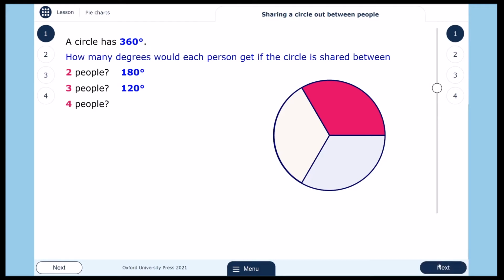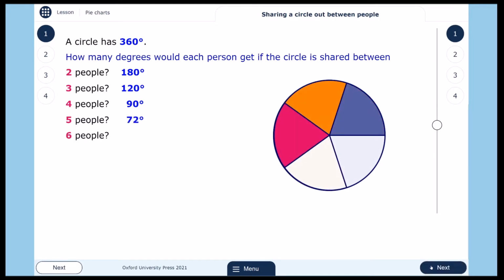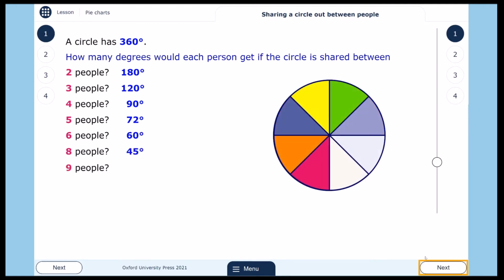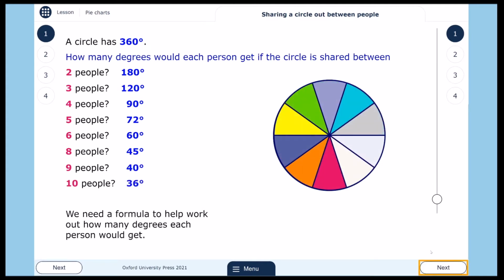For 4 people, 360 divided by 4, that gives us 90, and so on. So 5 people would get 72, 6 people would get 60, 8 people would get 45, 9 people would get 40, and 10 people would get 36. 360 divided by 10, 36 degrees.